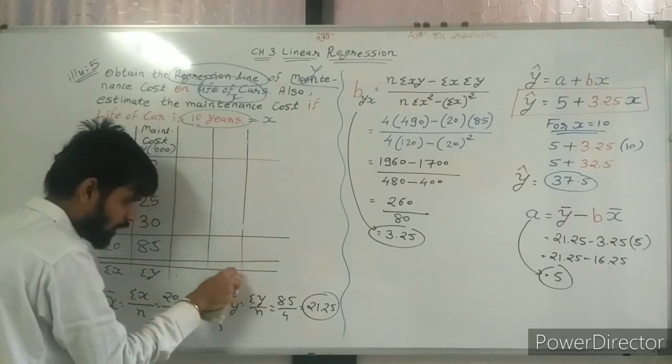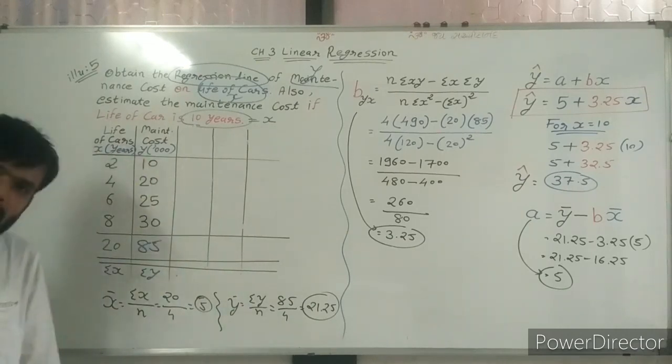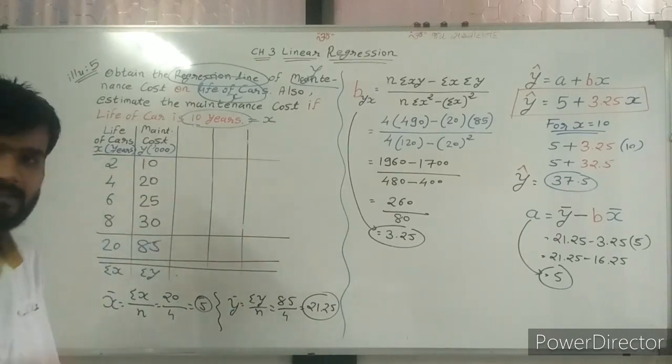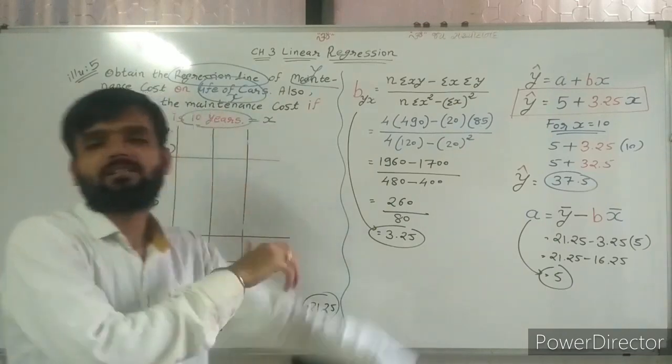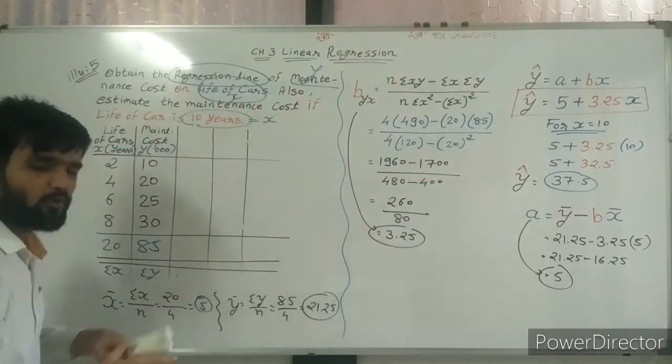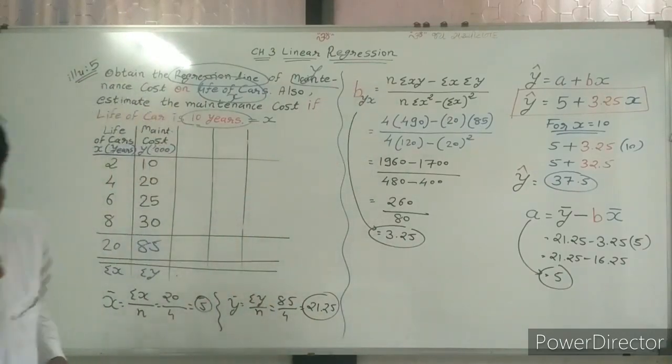I am clearing the board. Remaining things are as they are, no change is there. But now what is the change? We need U and V. Now all of you know how we can find the value of U. And what is the formula of that U?